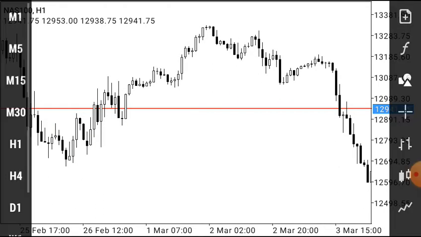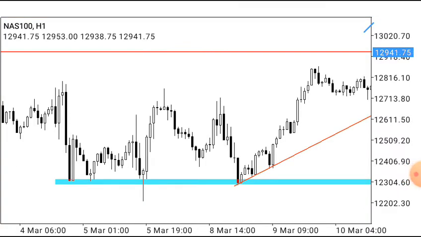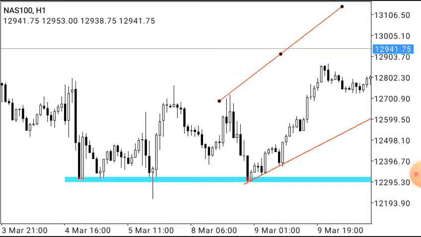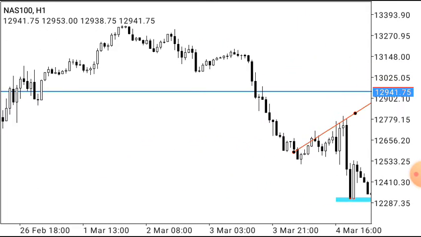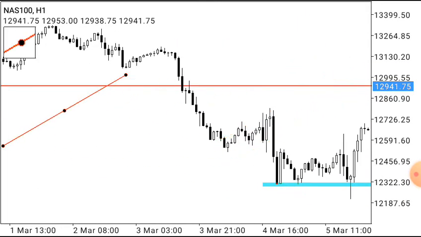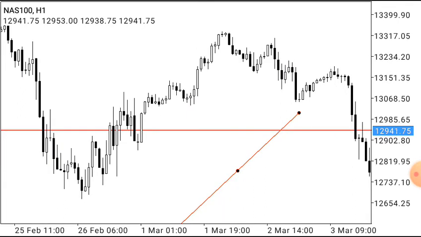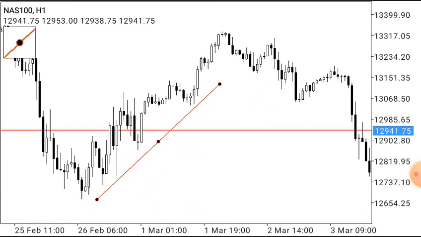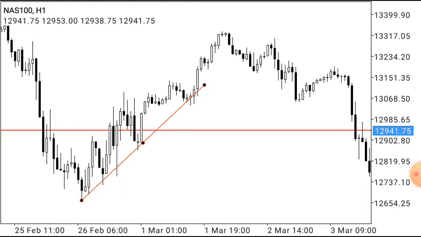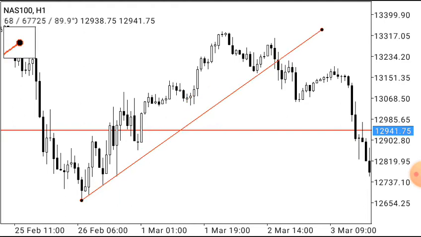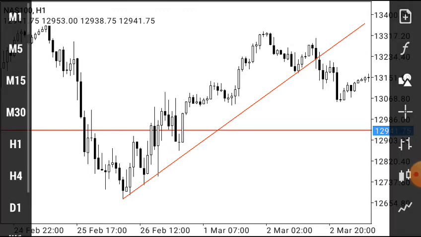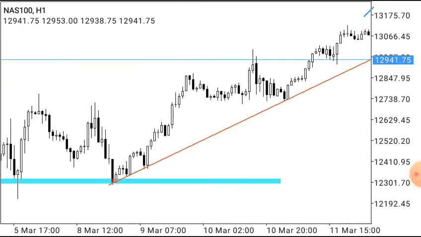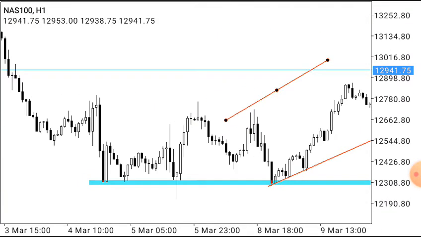All right, so check this out, guys. If you had drawn a channel, right, 2 trend lines forms a channel. Check this out.